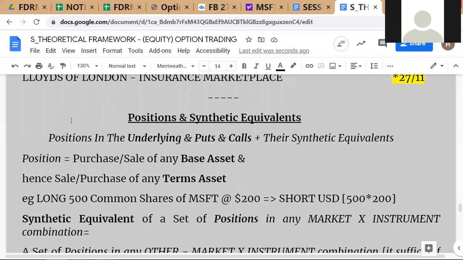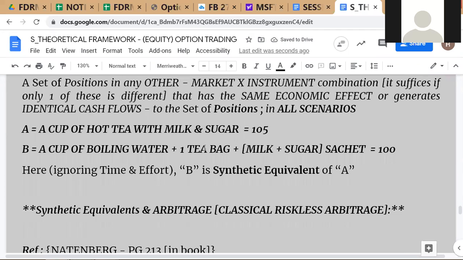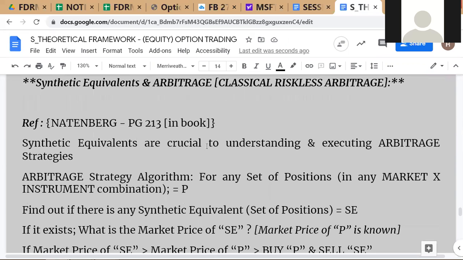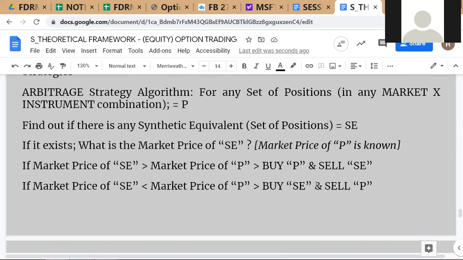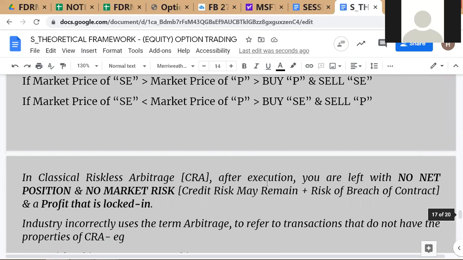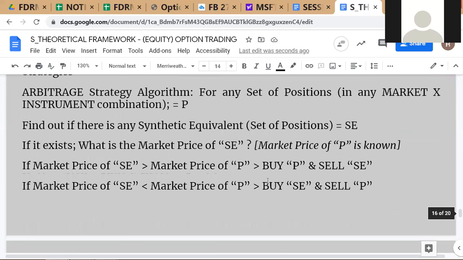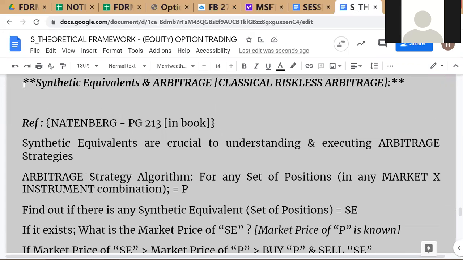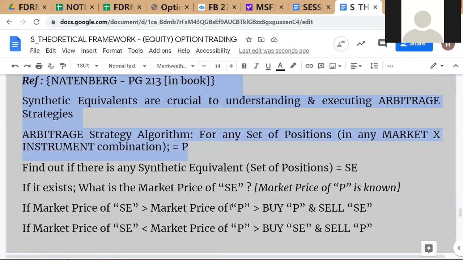So what you do in classical riskless arbitrage is, let's try to copy this part here so we don't have to write this once again.